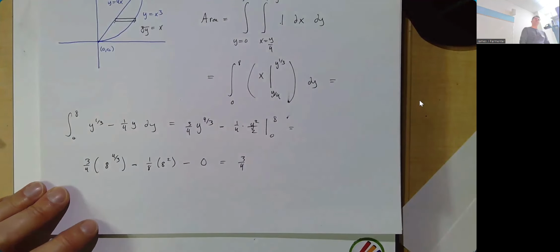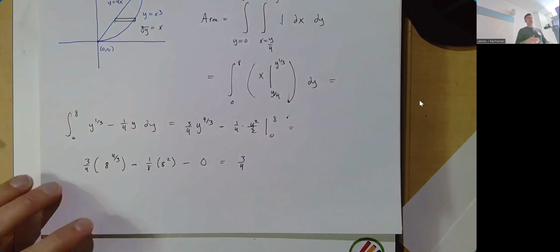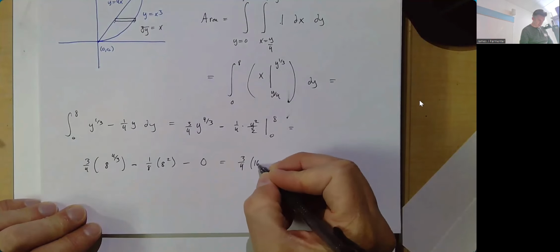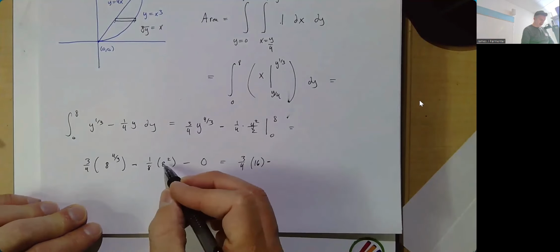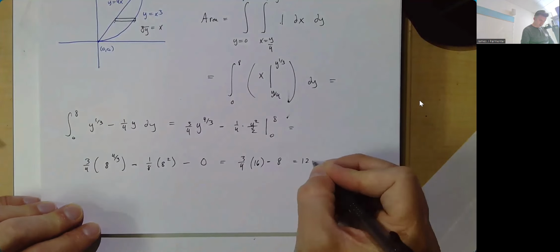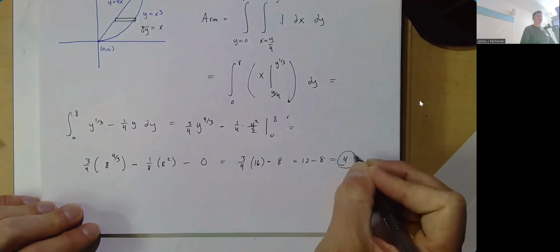What's 8 to the 1/3? What's 2 to the 4th? That's 8 to the 4/3. You do the root first, power second. So that is going to be 3/4 of 16. 1/8 times 8 squared is just 8. 3/4 of 16 is 12. 12 minus 8 is 4. Oh, good, they turn out the same, which they should.